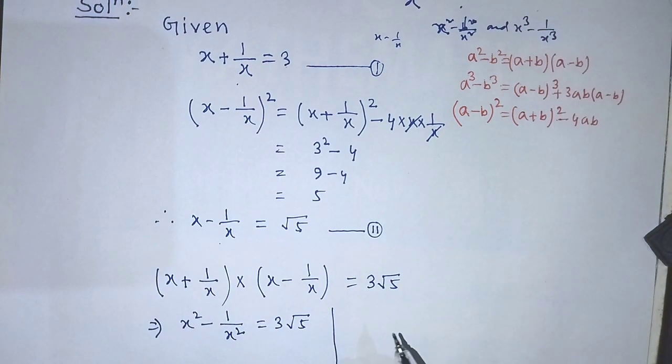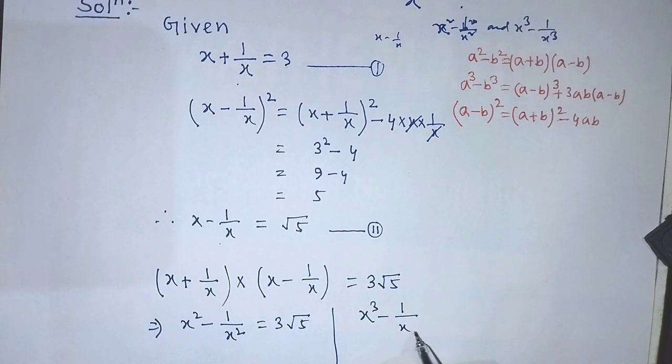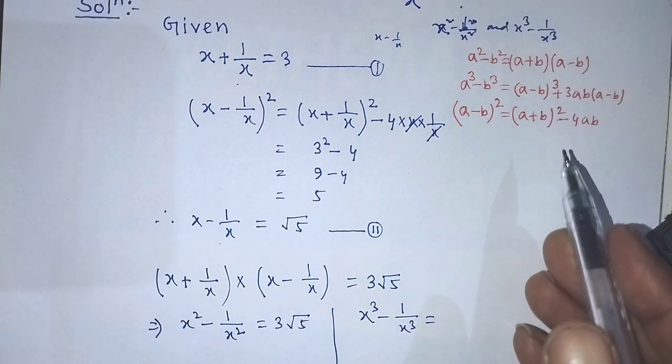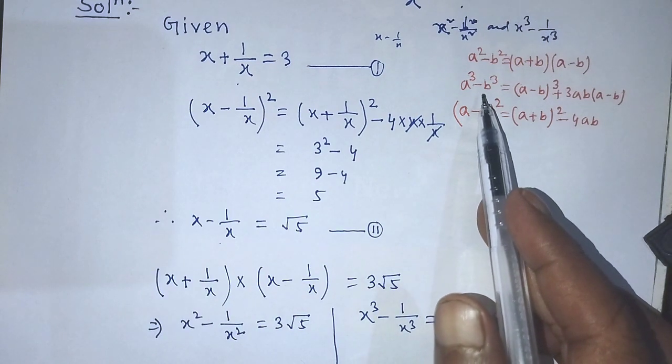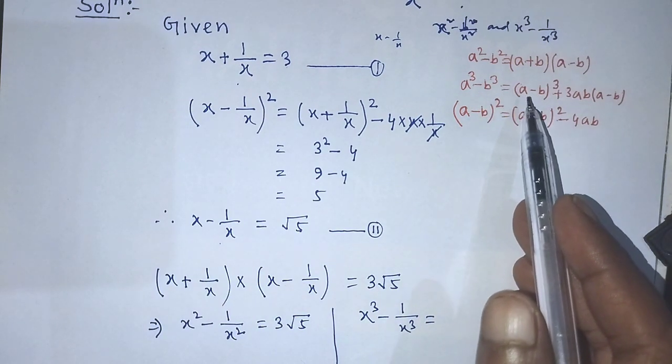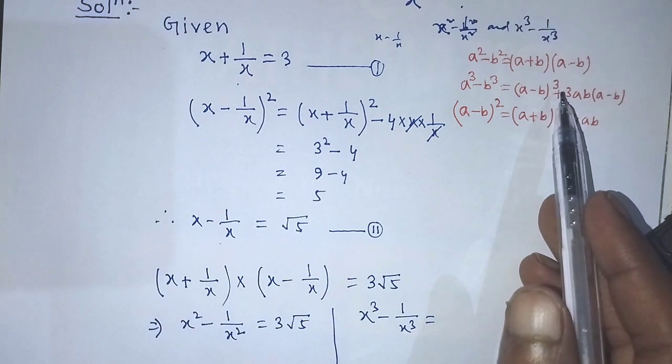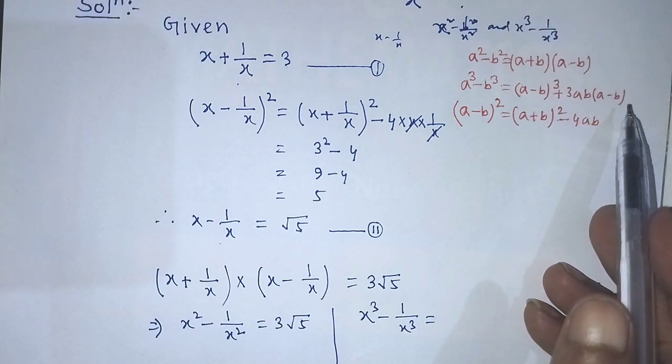After that we have to find the value of x cube minus 1 over x cube. So now we can write here x to the power 3 minus 1 over x to the power 3. So student, to find the value of x cube minus 1 over x cube, we have to apply this formula: a cube minus b cube is equal to a minus b whole cube plus 3ab into a minus b.